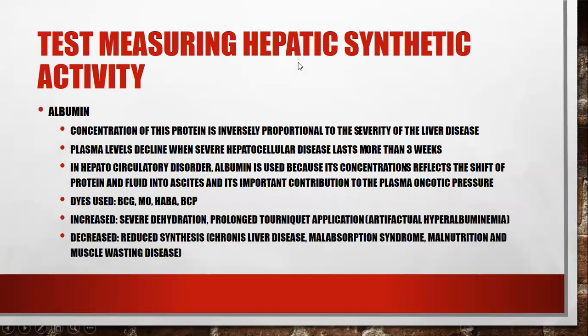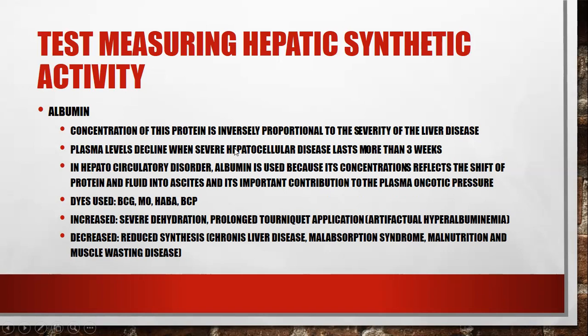Now, another test used to measure hepatic synthetic activity is, again, as I've mentioned, determination of your albumin, which is considered the most abundant protein component. So its concentration is inversely proportional to the severity of the liver disease. Why inversely proportional? Because the more severe the liver disease is, the less capable it is of producing your albumin, giving us decreased levels in severe liver disease.